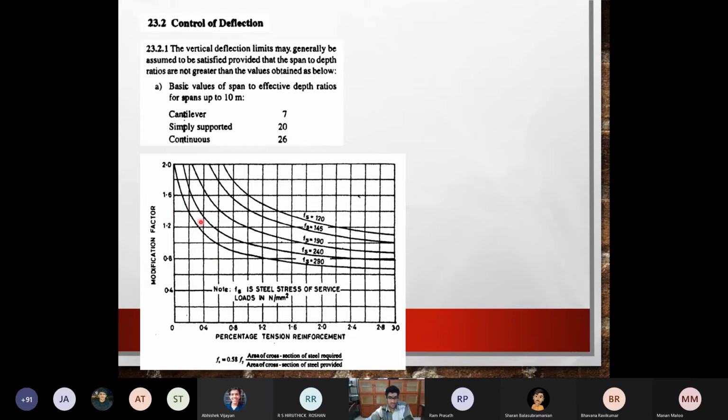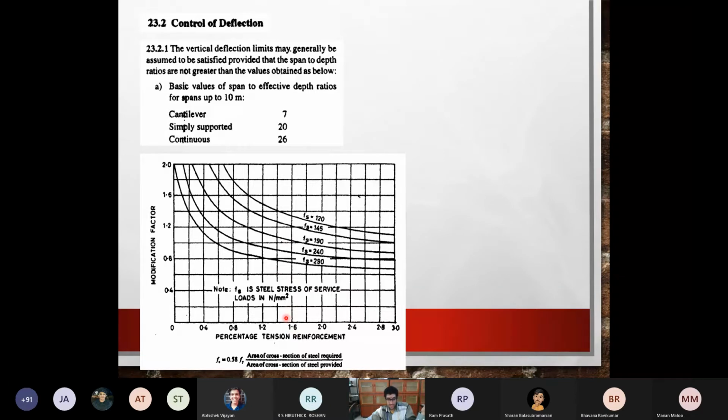Sometimes you may want to modify it depending on the grade of steel that you use. These numbers that you have here, 7, 20, 26, you can slightly modify depending on what percentage of reinforcement you have given to the beam. Instead of 20, you may do 20 into 1.6, or 2 is too much.